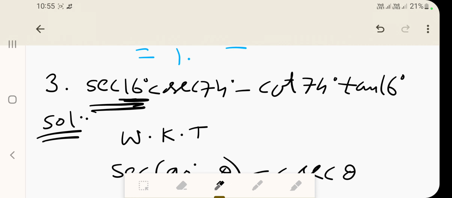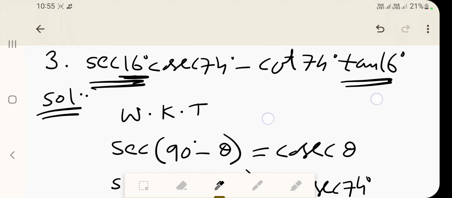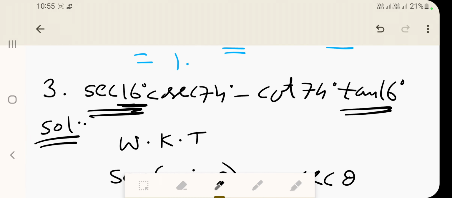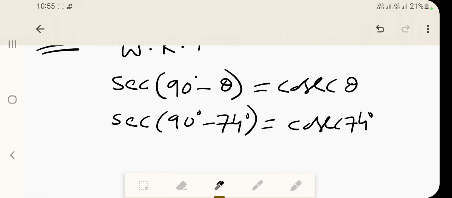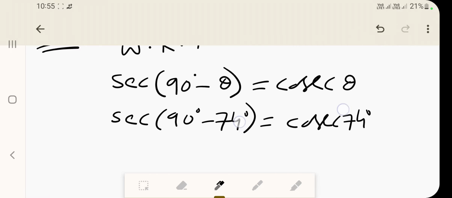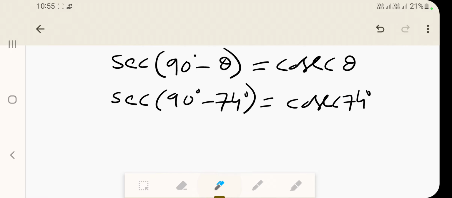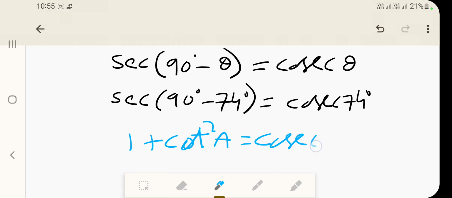Now similarly we are going to replace this tan. Why only tan are we going to replace, not cot? Because we have the relation between secant and cosecant, that is the identity 1 plus cot square a, or cot square a plus 1, is nothing but cosecant square a.